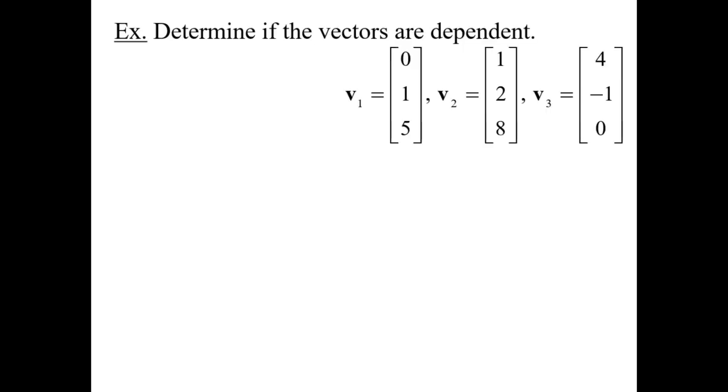If I want to know if these three vectors are dependent, let's just form matrix A: 0, 1, 5, 1, 2, 8, 4, negative 1, 0. The columns of A are these three vectors, v1, v2, and v3.